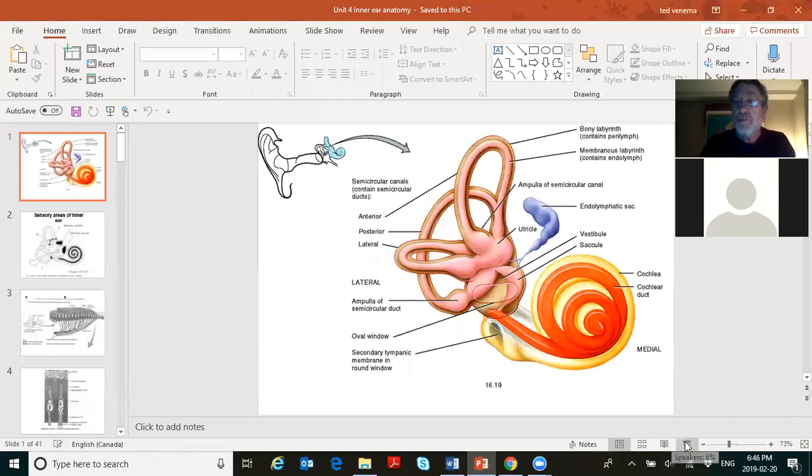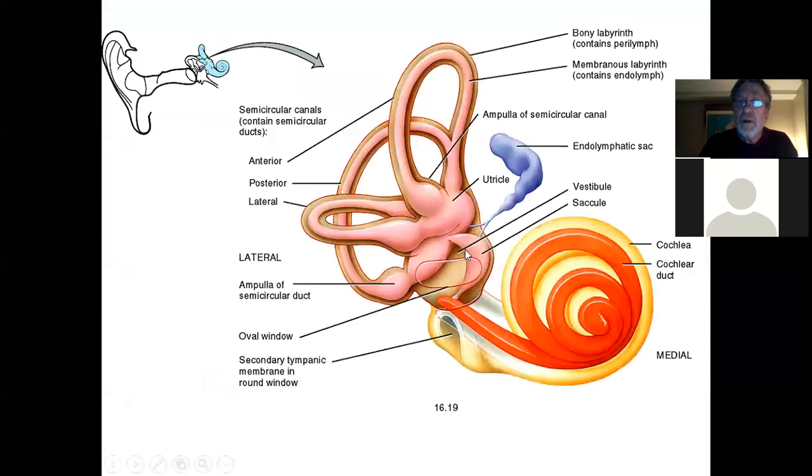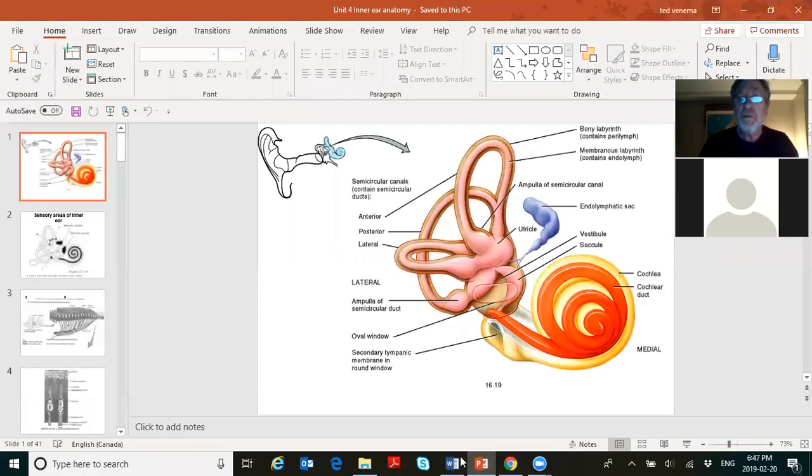The saccule contains endolymph. Utricle contains endolymph. They're surrounded by this vestibule area, and that's the bony labyrinth, and that contains perilymph. Utricle and saccule. Okay, back to here.